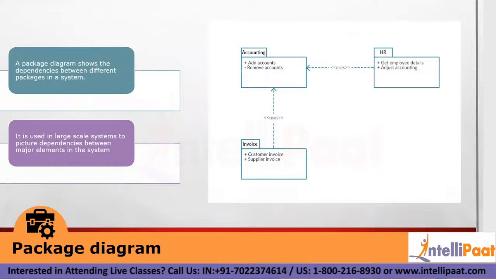So the next one is a package diagram. Now, what is a package diagram? Well, as the name suggests, when we talk about two components interacting, how would these two components interact, right? It's not like one component is going to come and ask, hey, give me this information.